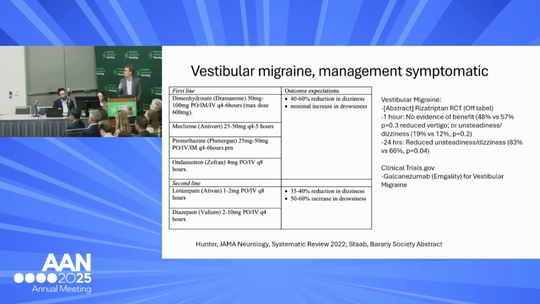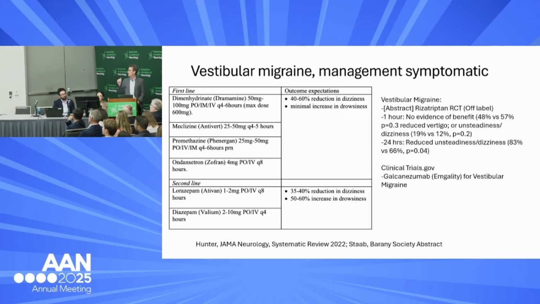For acute episodes or symptomatic management, this is just generic descriptions of our most common medicines, Dramamine, meclizine, Phenergan, Zofran, and what we're looking at in terms of their benefit from clinical trials, that the first-line treatments, clinical trials suggest about a 40 to 60% reduction in dizziness and a minimal increase in drowsiness.